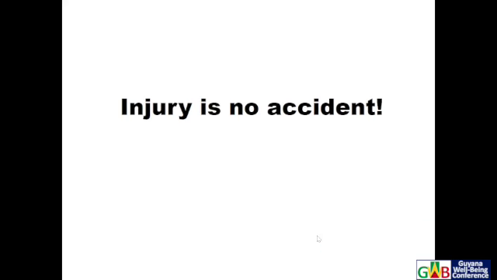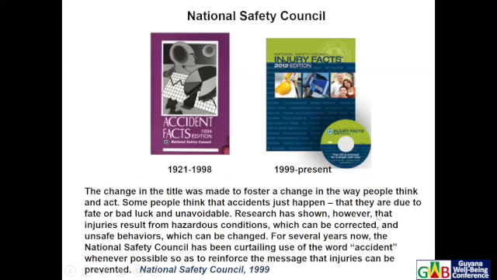So there is no accident. That has been a sort of mantra in the past 3 decades in the field of injury prevention. And there have been some substantive changes to avoid the term accident.